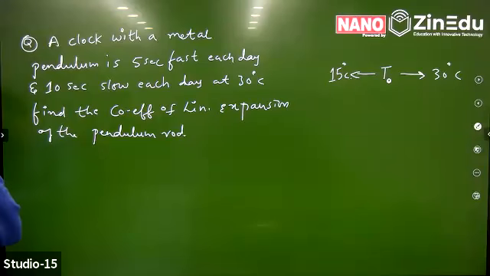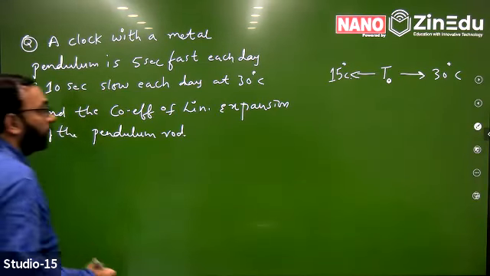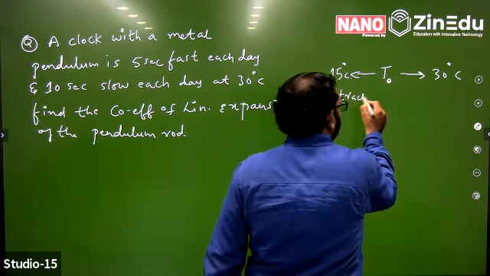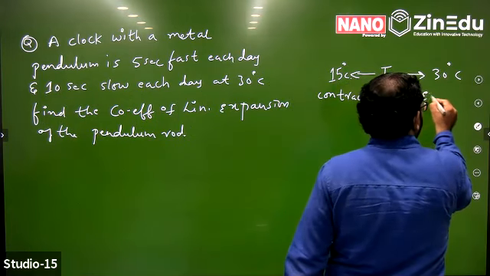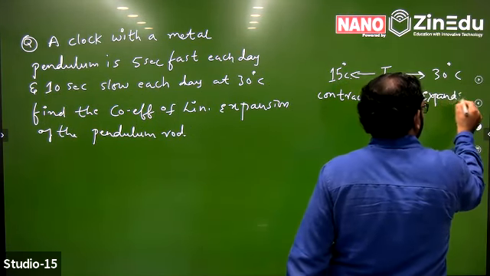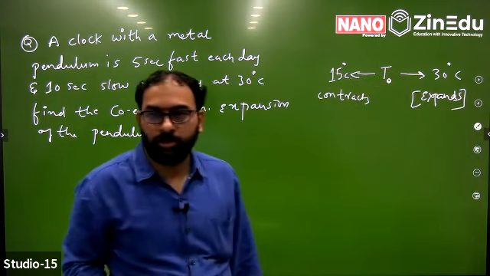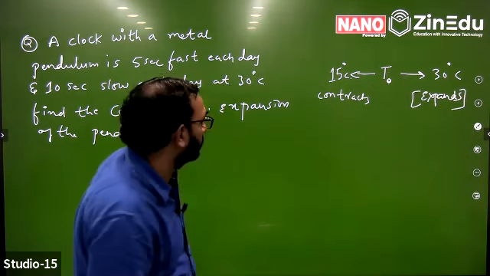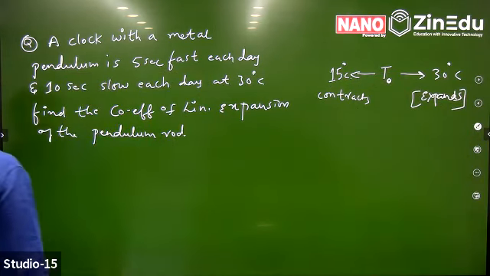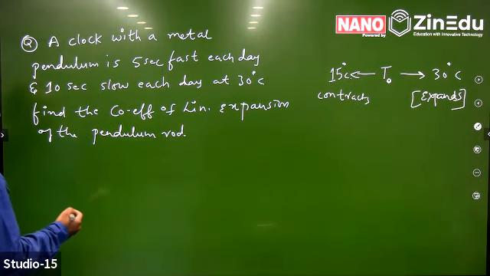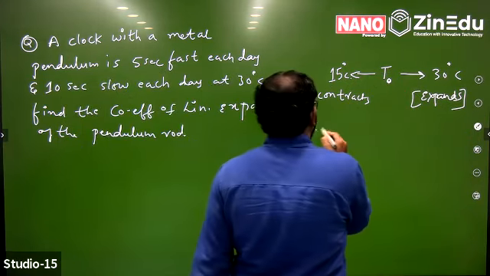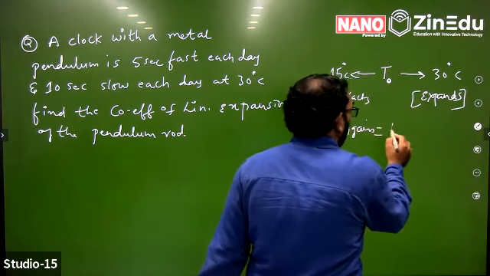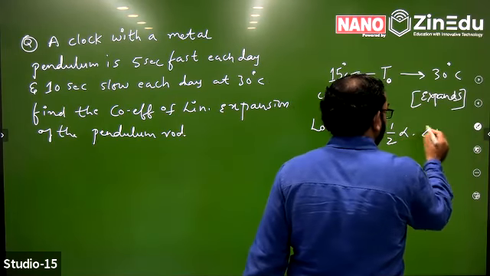Now let us calculate. At 15 degrees Celsius the rod will contract, and at 30 degrees Celsius the rod will expand. Contraction means decrease in length, expansion means increase in length. Now first we will apply the formula. Either it is a loss or gain, the formula per second is half into alpha into delta T, temperature change.